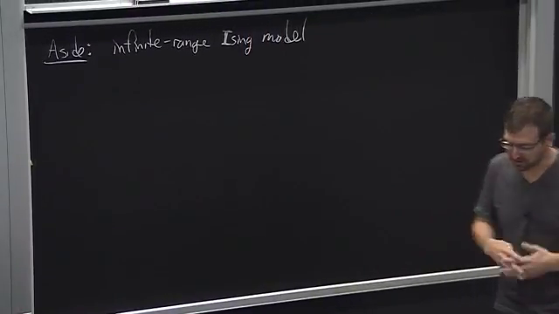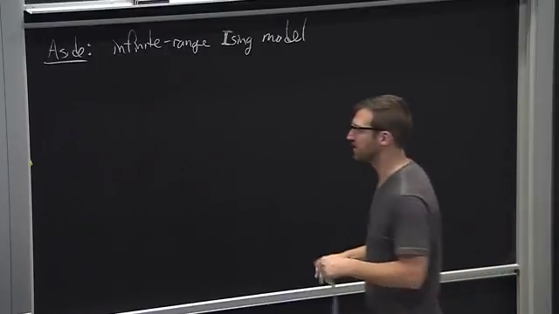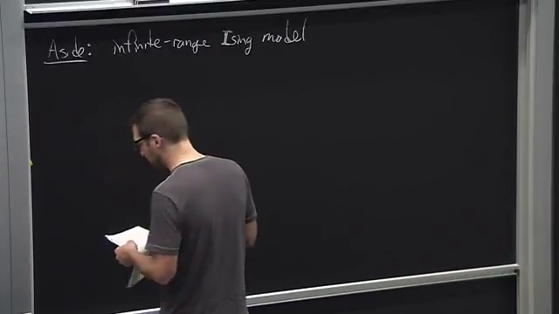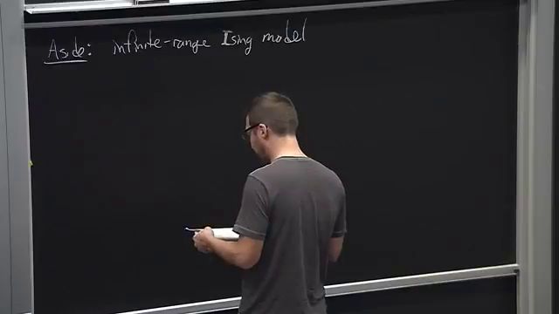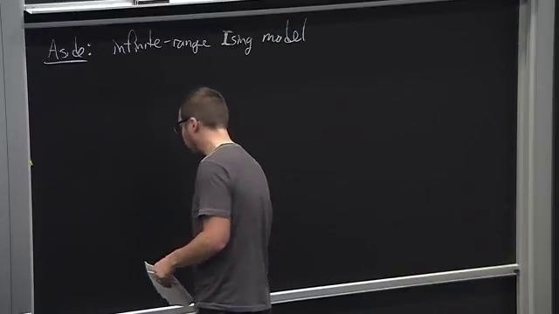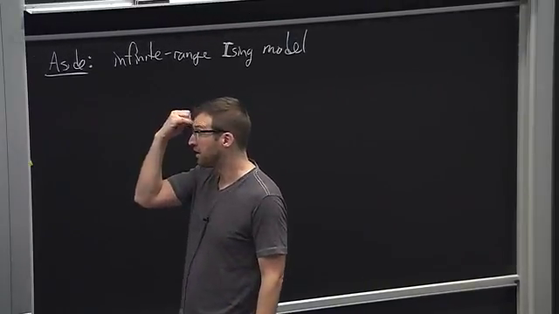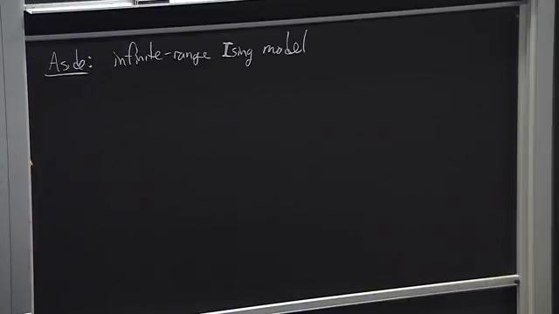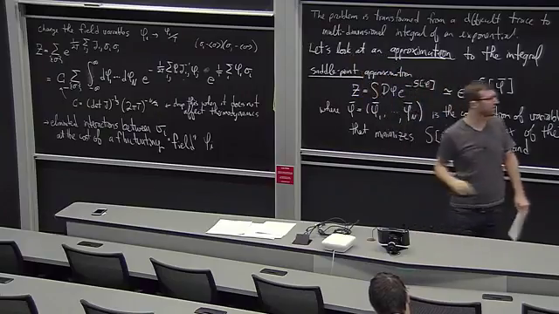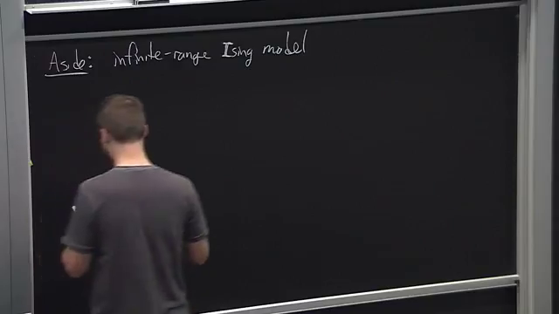Okay, so we're going to come back to this functional integral. Actually, let's use it here. We'll just do the Hubbard-Stratonovich transformation in the case where we have an infinite range Ising model.